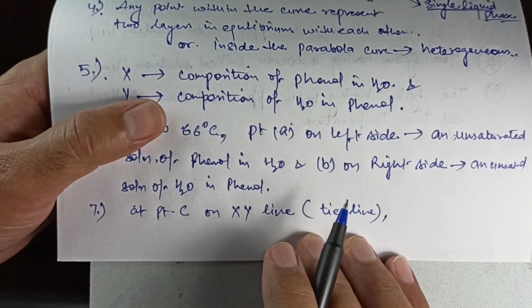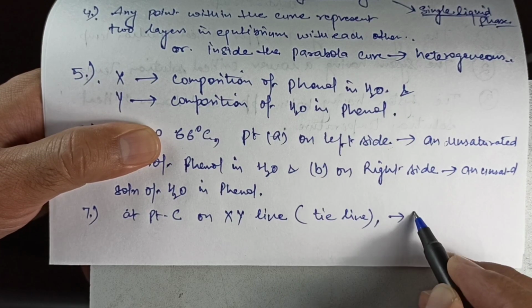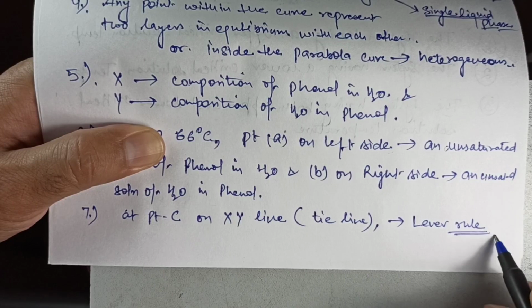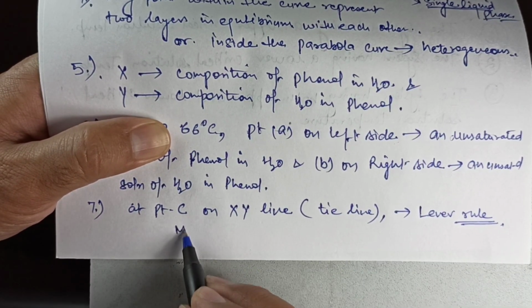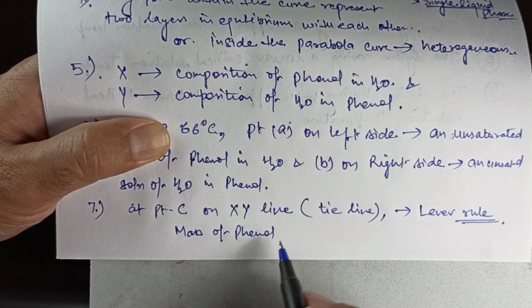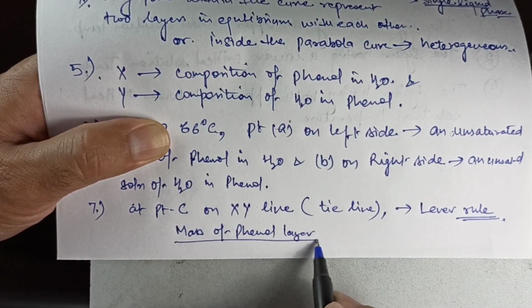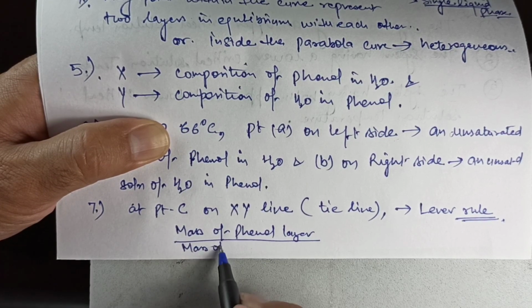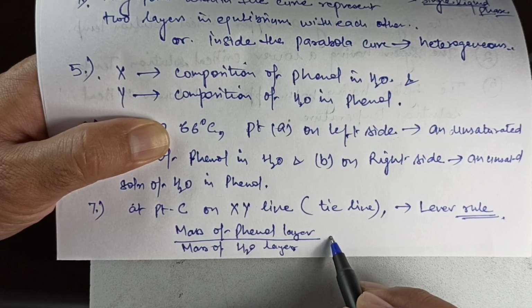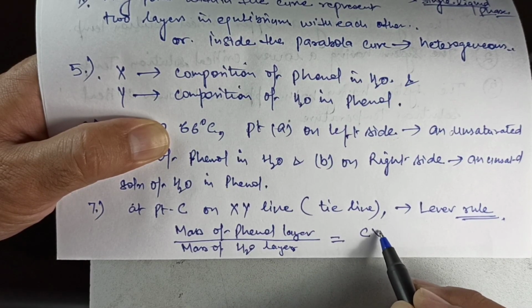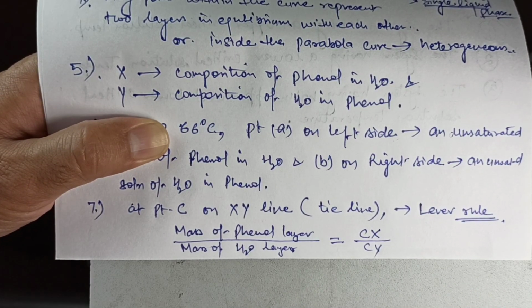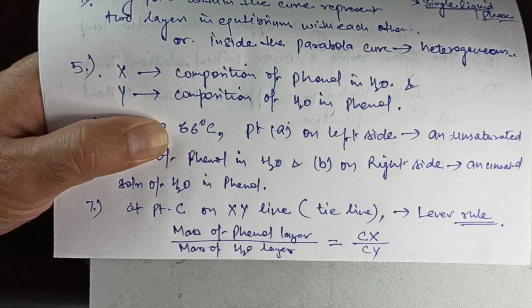The relative mass of phenol and water can be calculated by a rule known as the lever rule, and according to this rule, the mass of the phenol layer upon the mass of the water layer will be equal to Cx upon Cy. Okay, and this is all about the phenol water system.